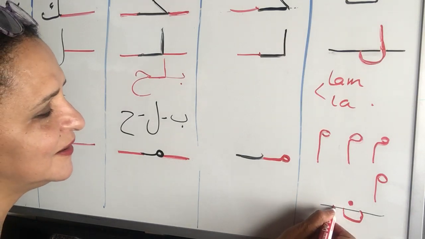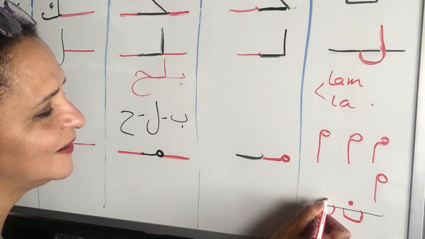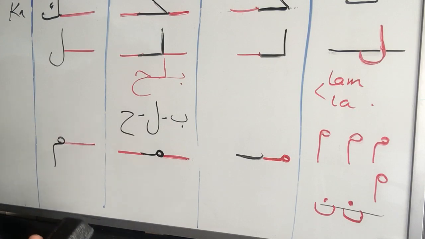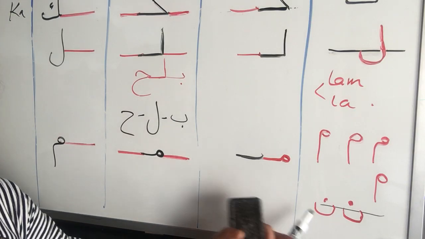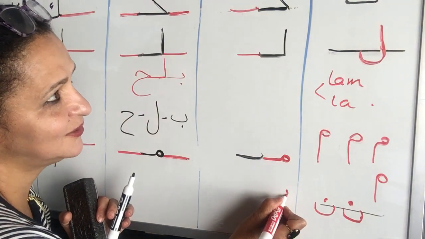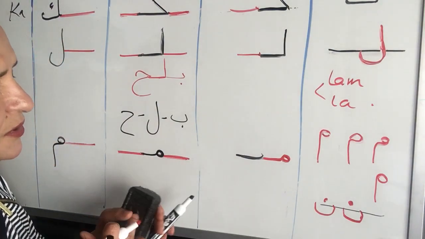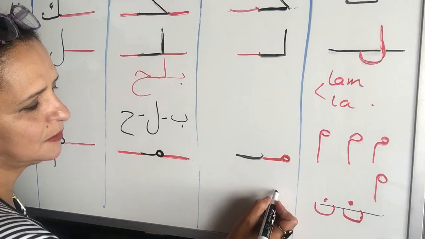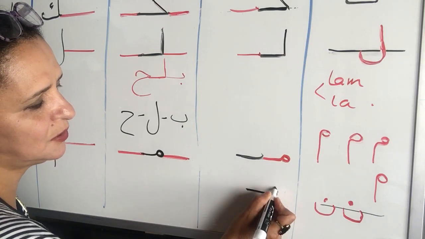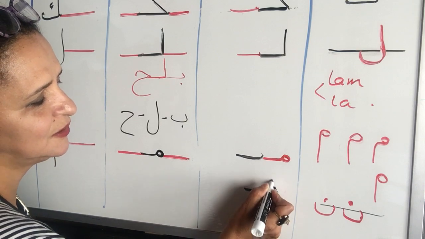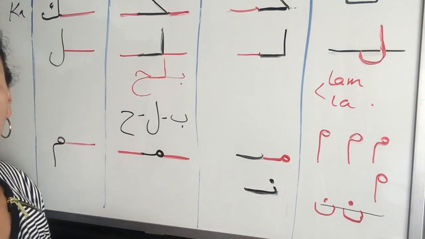This is na again. Na at the beginning of a word. Of course, it's not going to stay like this. It's going to go straight on the line. Let's do it with a different color, black. So this is na, straight on the line. Don't forget the nuqta.